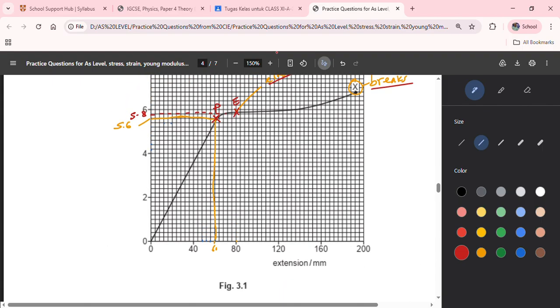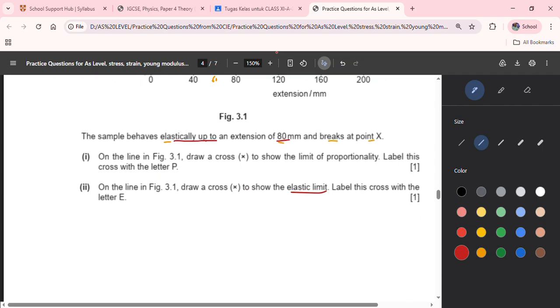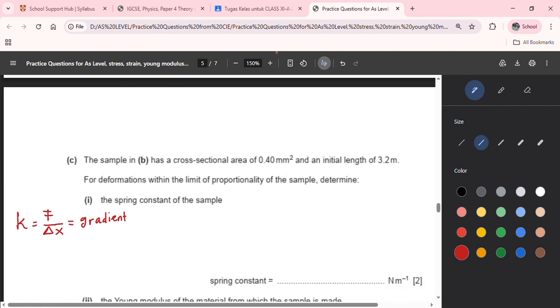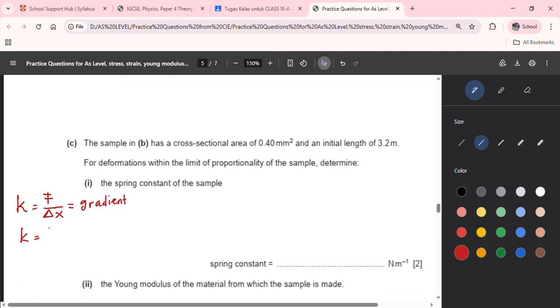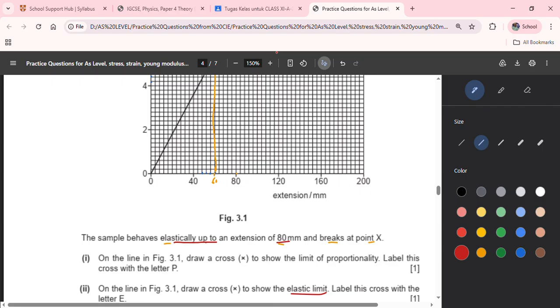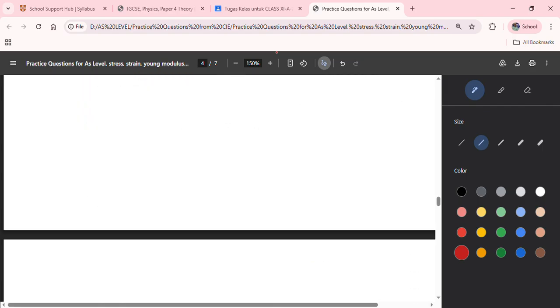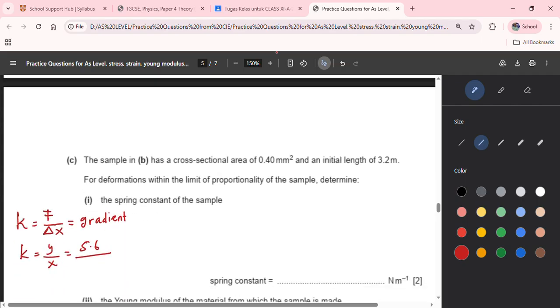This is 5.6 divided by 60, which is y over x. The gradient is y over x, which is 5.6 divided by delta x, 60 millimeter minus 3.